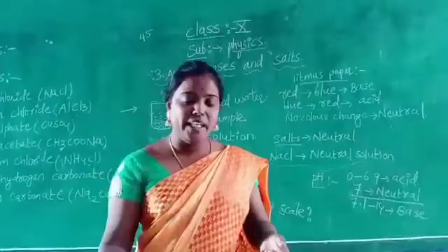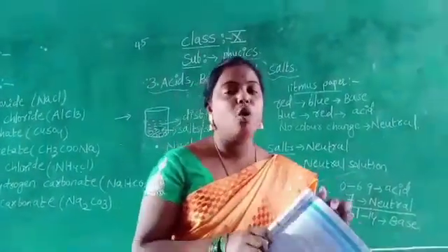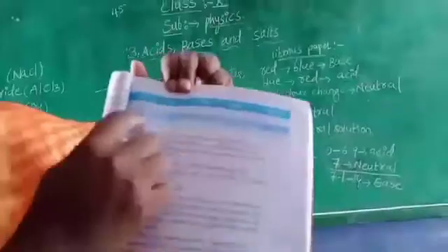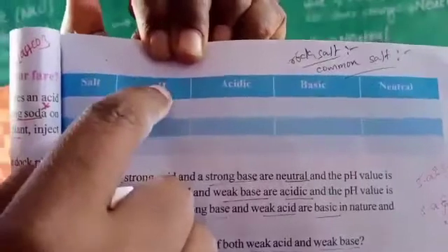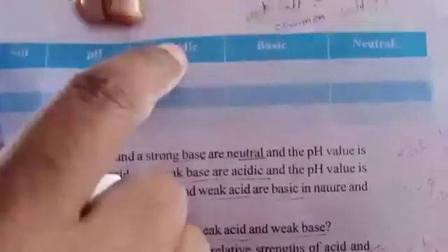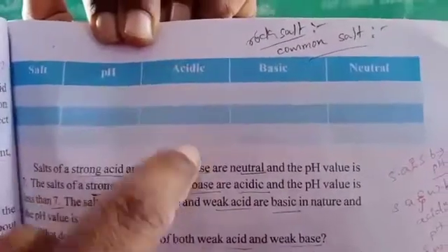Then you write in the table. First you write the name of the salt and the pH value. If the solution is acidic in nature, you tick here. If it is basic in nature, you tick here. If it is neutral in nature, you tick here.